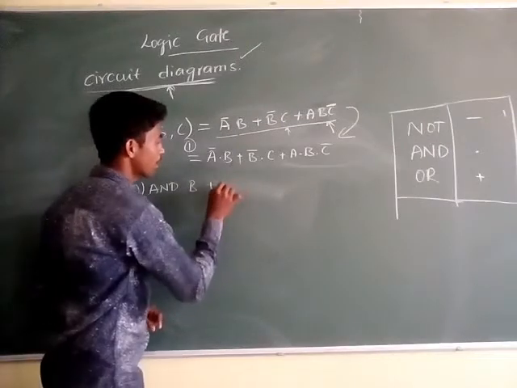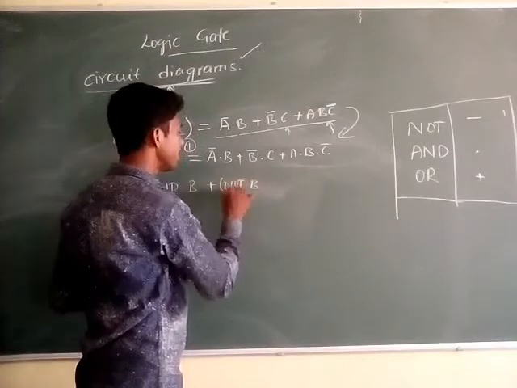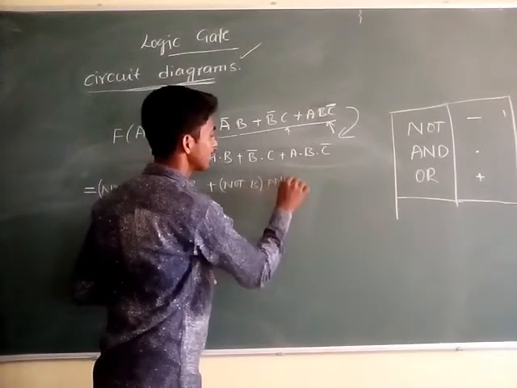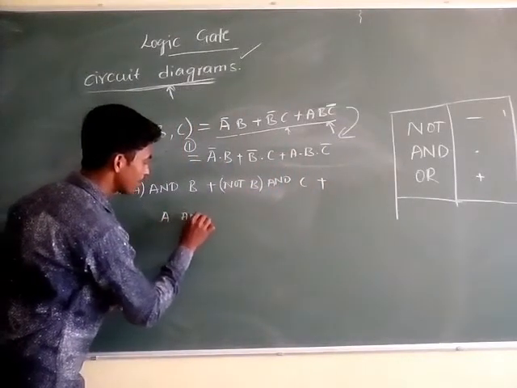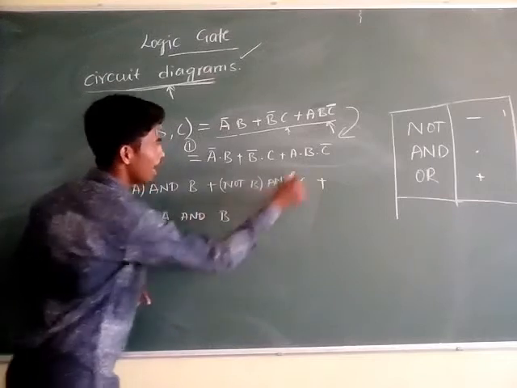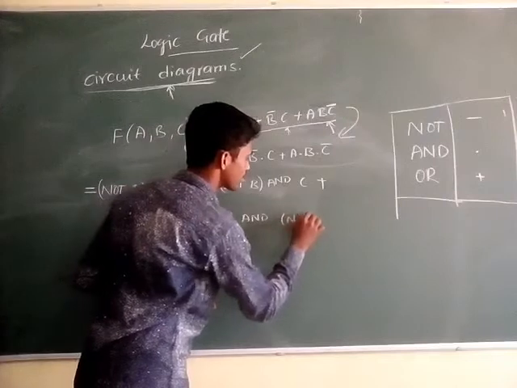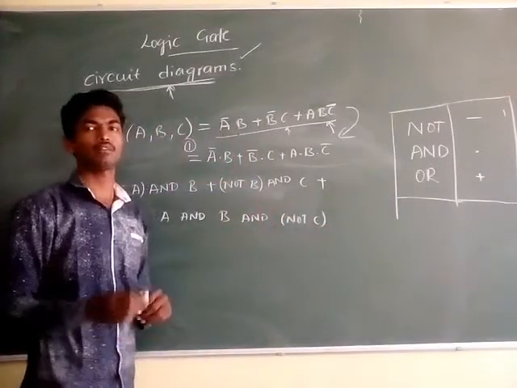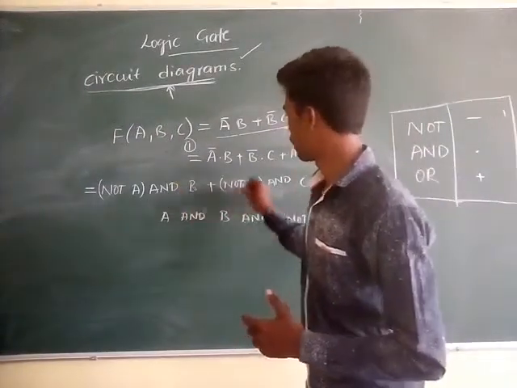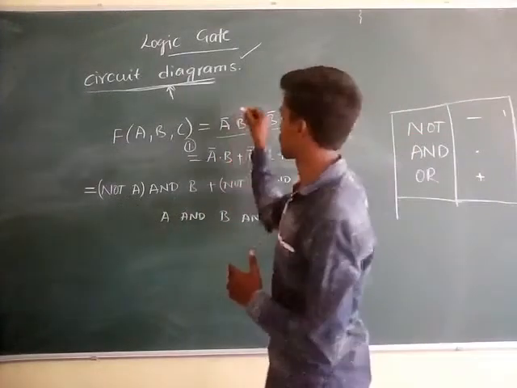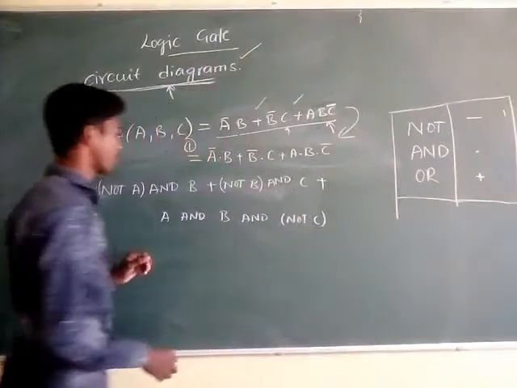Afterwards, NOT B and C, plus A and B and NOT C. This is how we have written the given expression in terms of operations. We have converted the given expression into operational form.